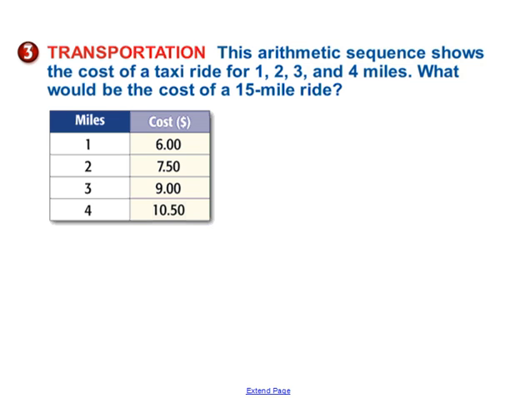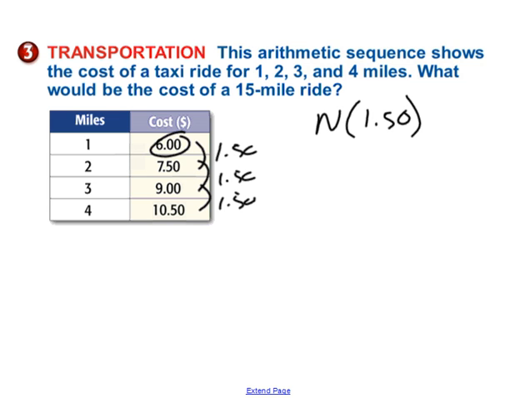Similar problem here, different values, so we do need to do the math again. It is a $1.50 difference here, $1.50 difference here, $1.50 difference here. So I think we're going to have an equation that involves n times 1.5, but I do need to add some more. I think I need to add 4.50 to each one to get it to balance.